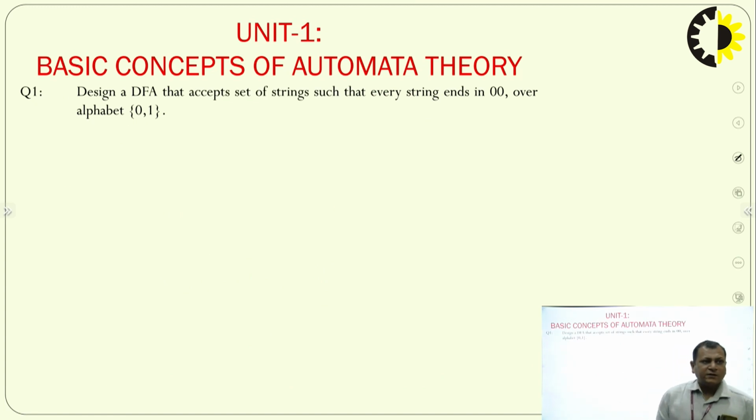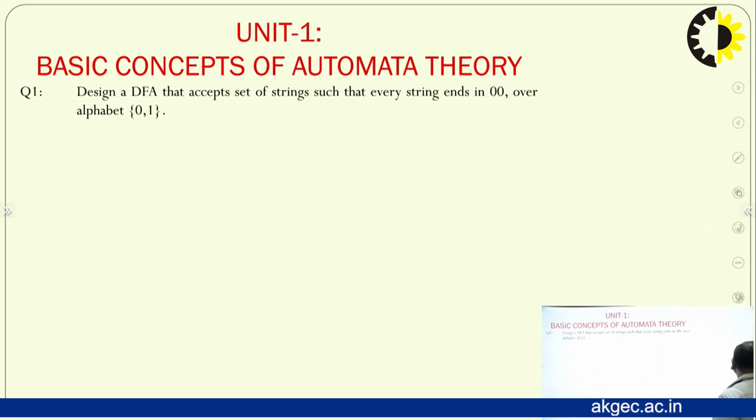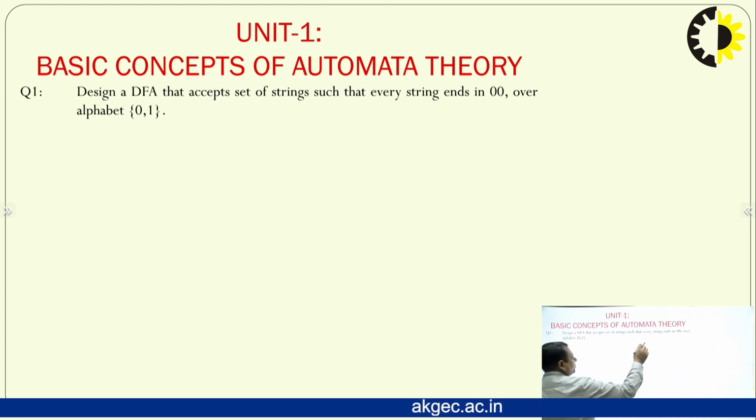Here we have some examples of DFA. Design a DFA that accepts the set of strings such that every string ends in 0 0 over alphabet 0, 1. अब इसका DFA बना के देखते हैं। What is the question? Every string ends in 0 0.